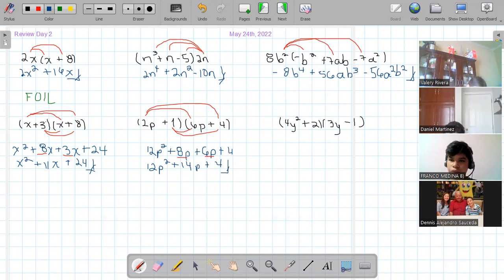Okay? Easy peasy. Now, before simplifying anything, we got 4y squared plus 2 times 3y minus 1. Are my middle terms going to be like terms? Are they going to be like terms, just like in this case?